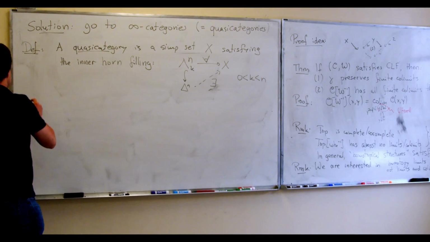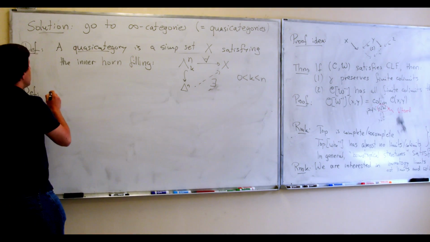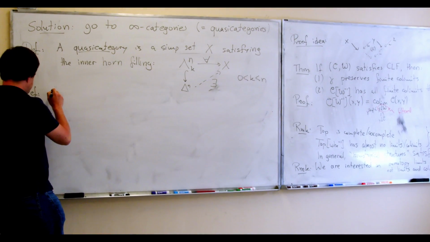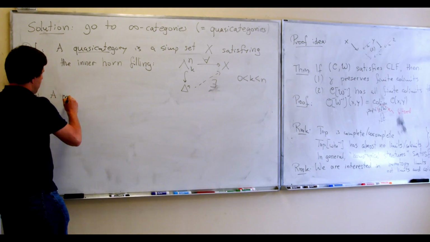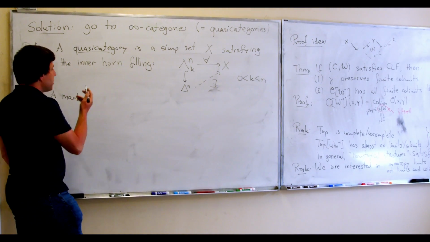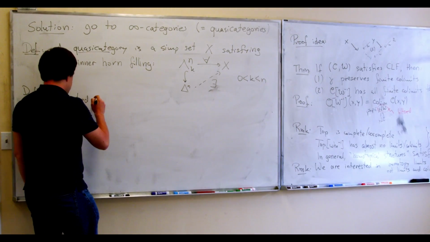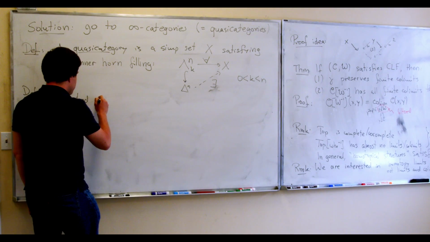Okay, and now, just to state things in full generality, I told you what a category is, so now I need to replace the second definition I had on the board, which was a marked category. So a marked, in fact, we can do it with simplicial sets.